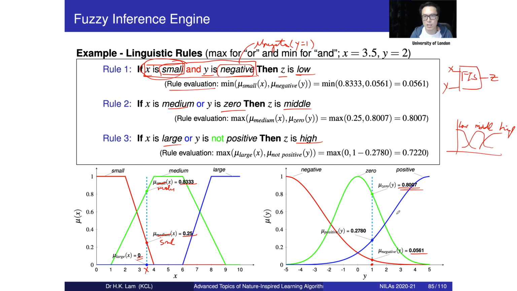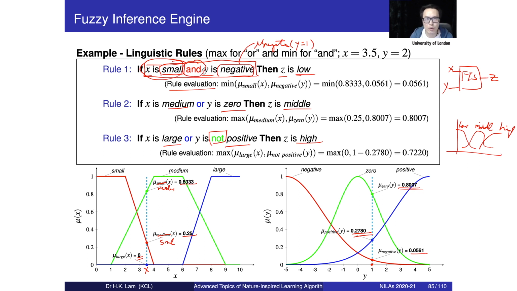The membership grade for positive is 0.8007. Now note that we are talking about not positive, but anyway, we are going to evaluate y is positive first, that is right here, 0.2780.